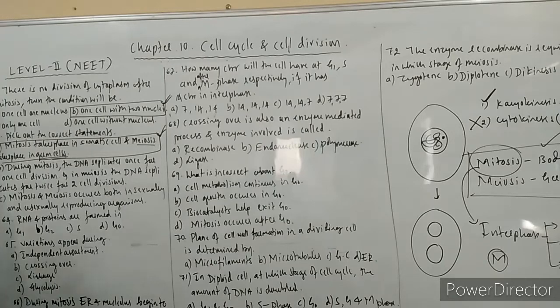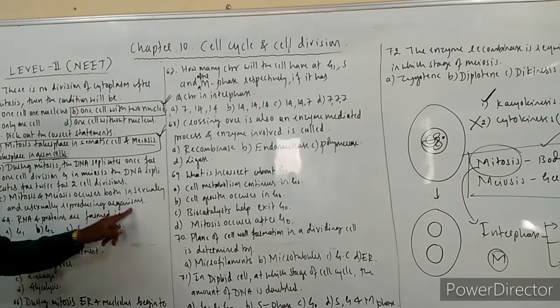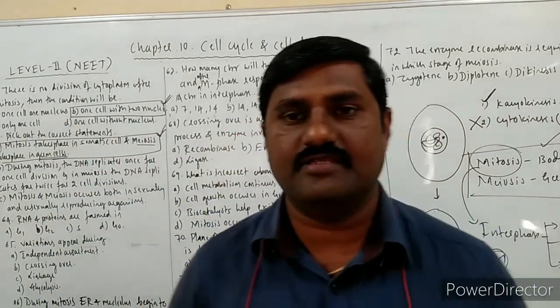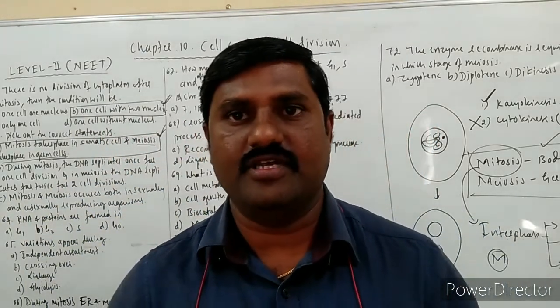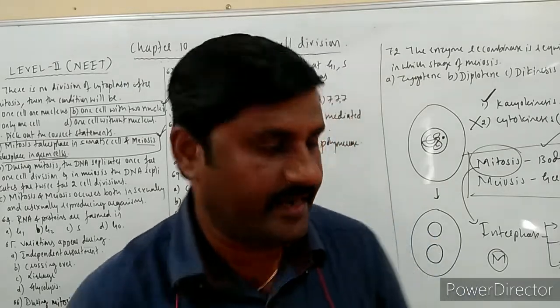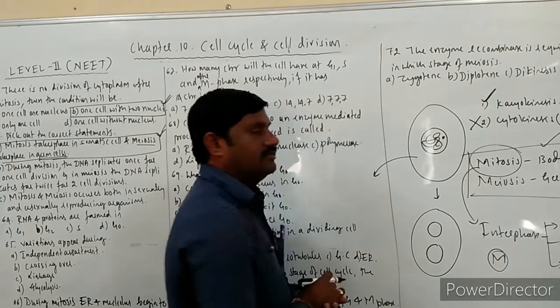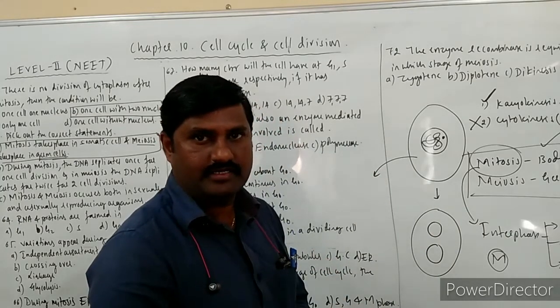And what about the third one? Mitosis and meiosis occur both in sexually and asexually reproducing organisms, he says. Let us analyze. This is one cell which undergoes mitotic division.